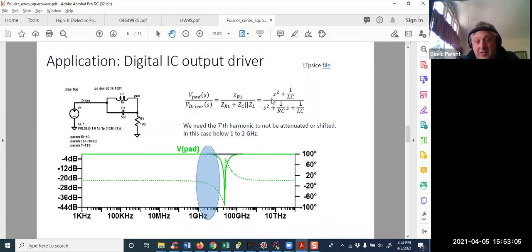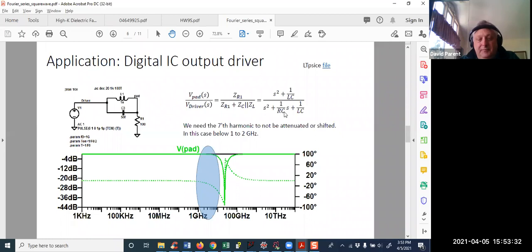Which there's a transfer function right there. And that's a notch filter, right? Because notice, if I just had S squared divided by the denominator, it'd be high pass. And if I had just had 1 over LC divided by that denominator, it would be low pass. And for a second order system, if I add the high and the low, I get a notch, right?